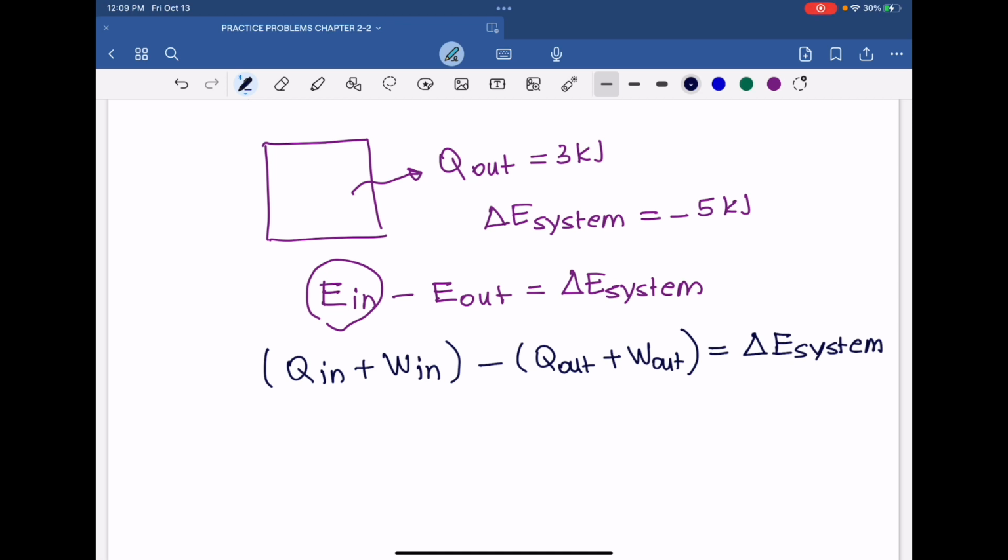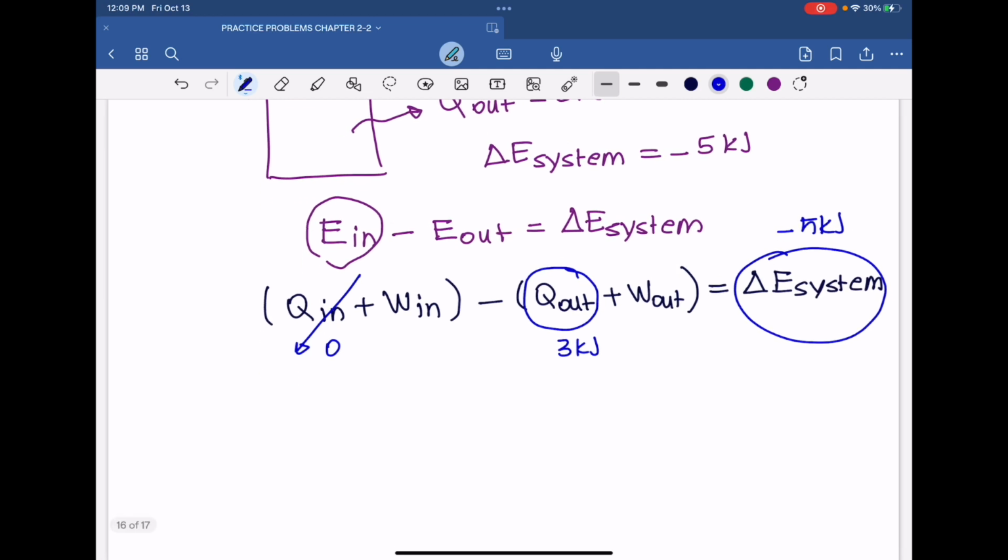Okay. So for sure we know that there is no heat getting in, right? And heat is getting out, and we know it is in the amount of 3 kilojoules. And the change in the energy of the system is -5 kilojoules. Now, we don't know if the work is getting in or getting out.